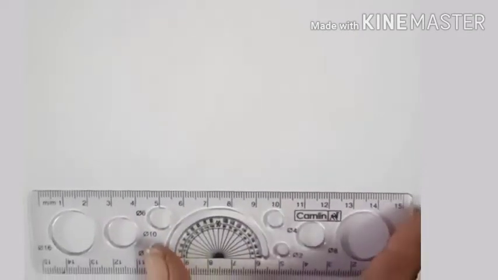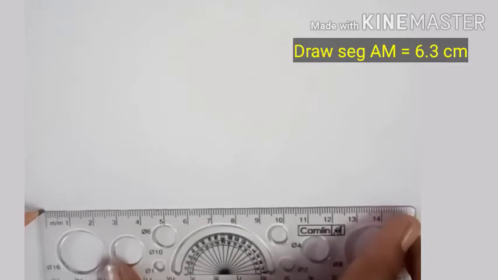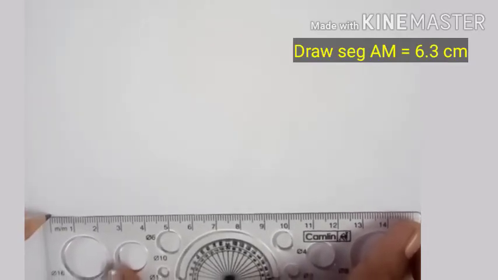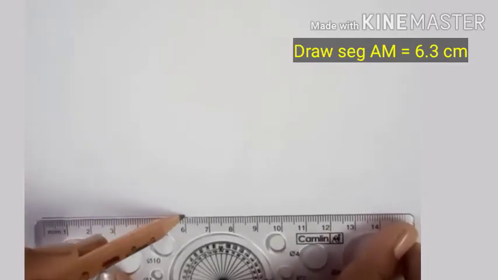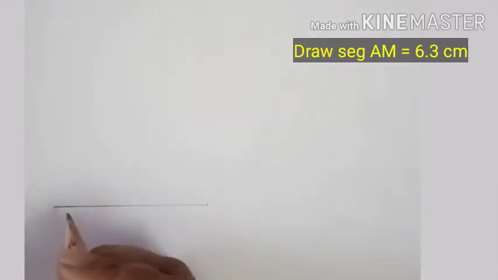First, as vertex A is common between both the triangles, the side containing vertex A should be downward. So we will draw side AM equal to 6.3 cm.